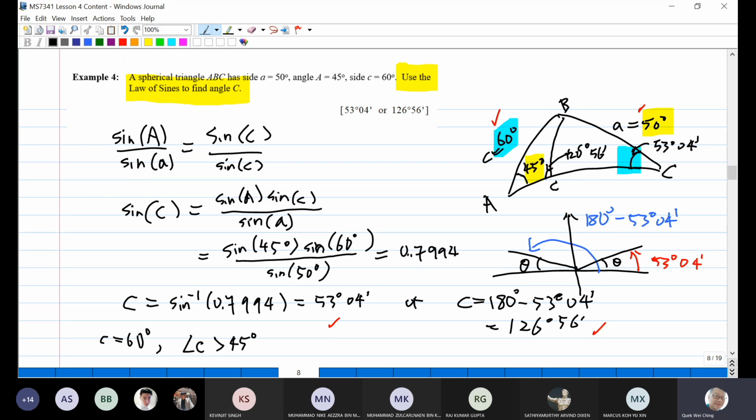So two possible triangles give you the possibility. And that's why the sine law has this special consideration. So take note of this situation.